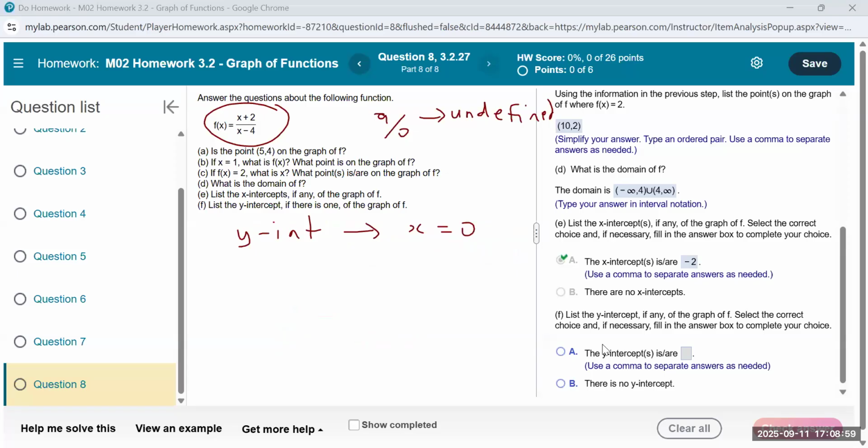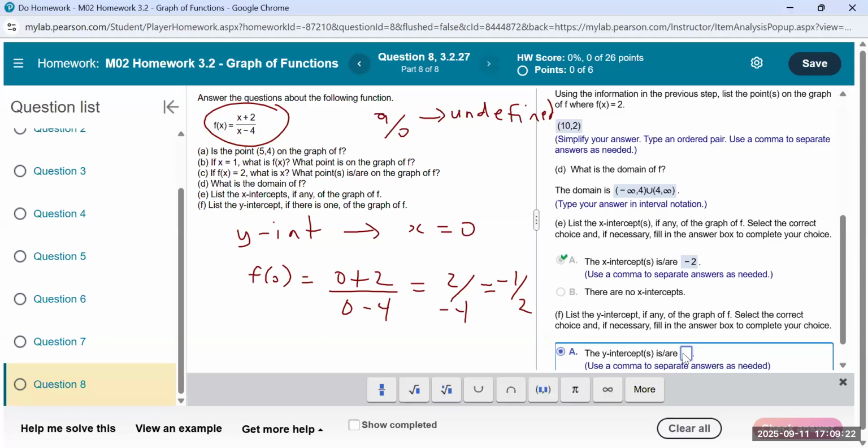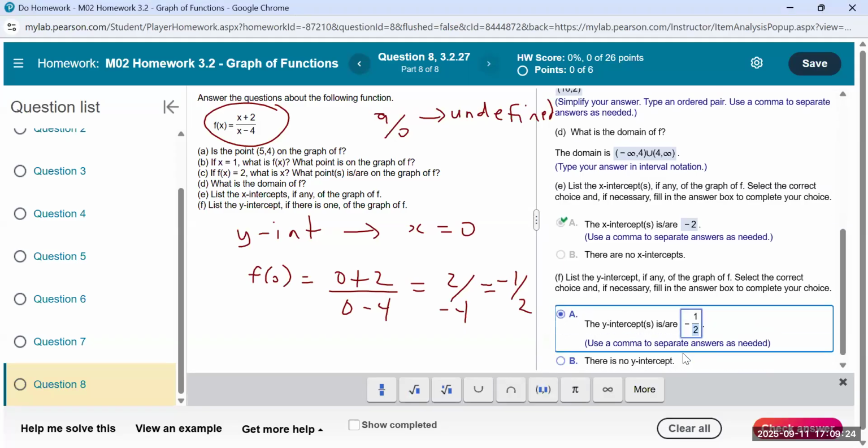So we have 0 plus 2 over 0 minus 4. This is 2 over negative 4, and that is negative 1/2. So your y-intercept is negative 1/2.